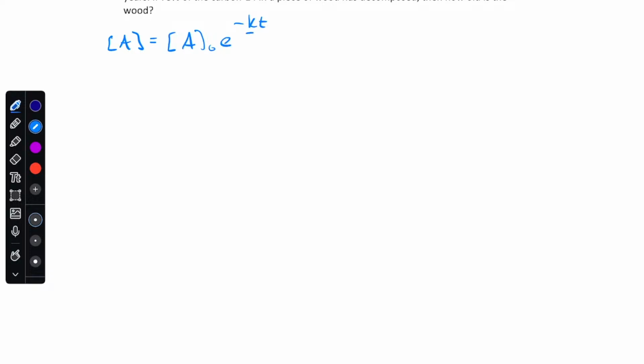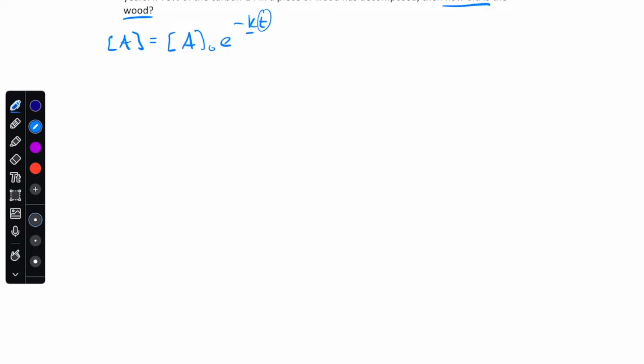And we need K. We want to know T. How old is the wood? That's what we want to know. It doesn't actually give us concentrations of anything, but one thing that we know is that 75% of the wood has decomposed. So that means there's 25% remaining, right?